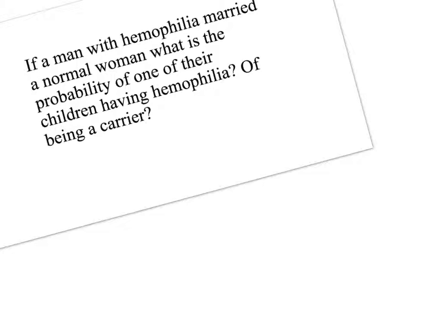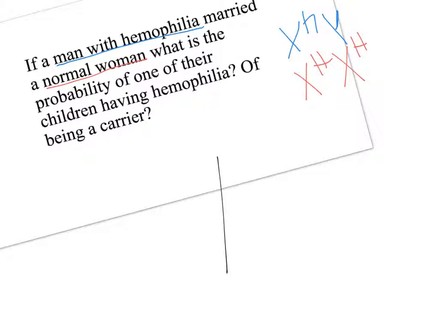Okay, so I've got a man with hemophilia, so he must be X, lowercase h for hemophilia, Y. That's not a very good Y, sorry. And then a normal woman, so she must have big H, big H. So let's see what their offspring would look like.